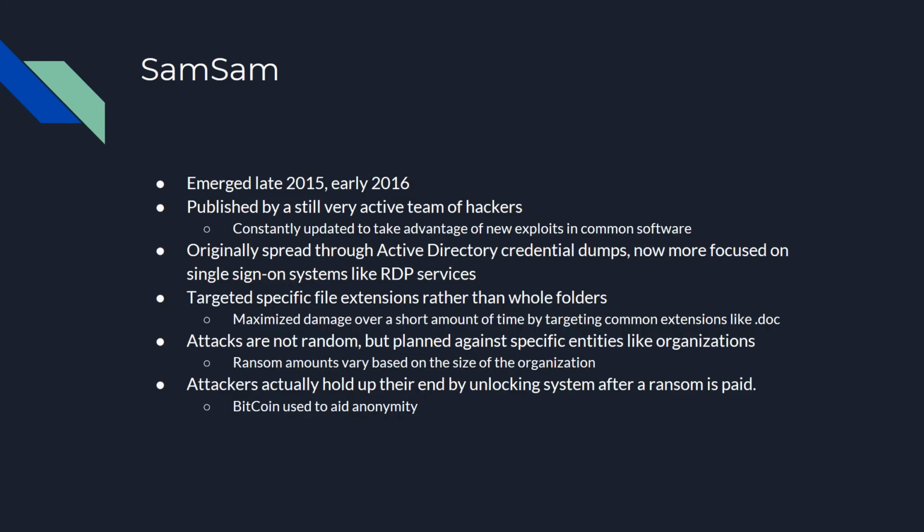So as I said, it emerged late 2015, early 2016. What makes SamSam a really unique ransomware attack is that it's published by a really tenacious, active team of hackers that are always updating their ransomware to take advantage of new exploits in server software, common applications, Windows services, et cetera, et cetera.